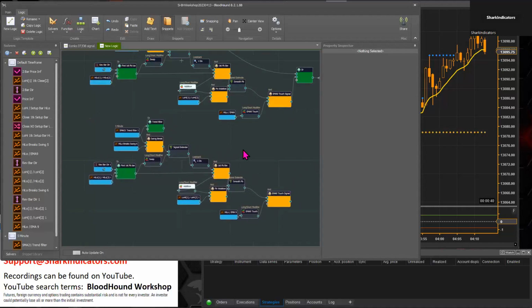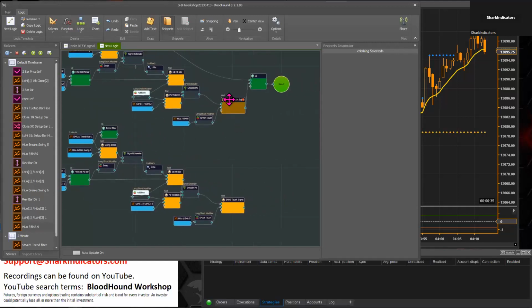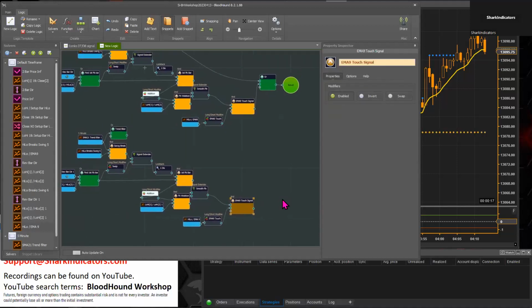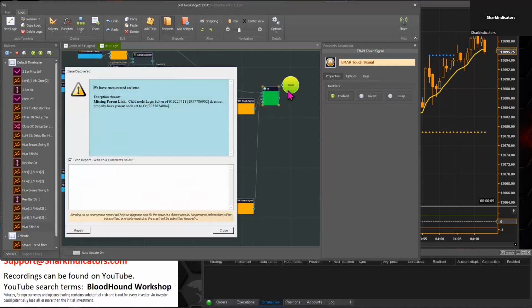And then make the adjustments that you want. Ultimately, you're going to have a different iteration, a different derivative of that signal. You're going to have a signal coming out of this AND node that'll be different. And then ultimately, you would have to connect everything up to an OR node.